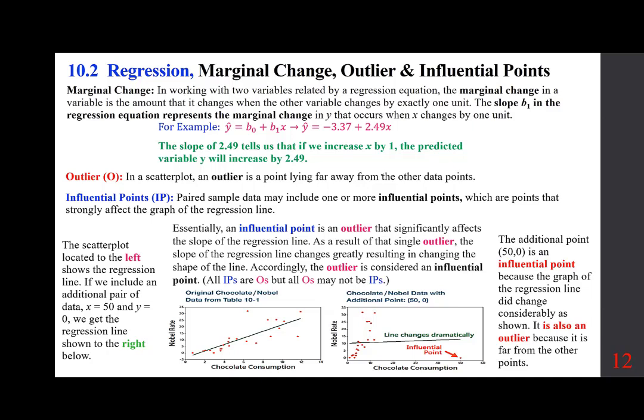So what is an influential point? When we do the graph of a scatter plot, every outlier can have an effect. And we know the meaning of outlier. But some of them may have such an effect that the regression line changes so much that you can't recognize the first line anymore. So you add one pair, which is an outlier, and it changes the graph so much.